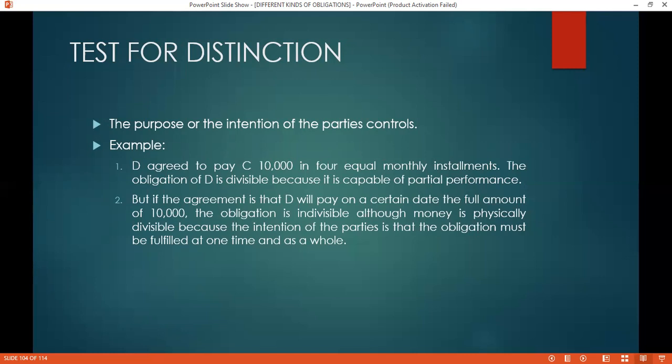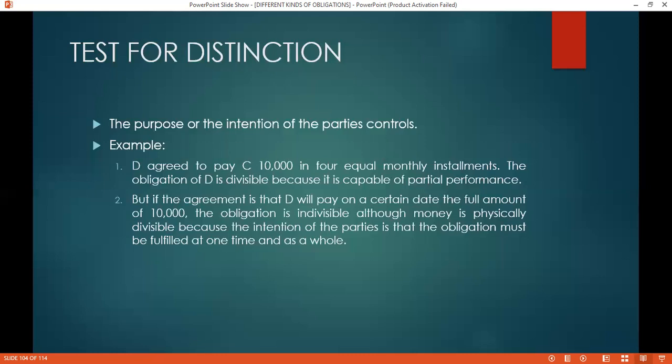So, to determine whether an obligation is divisible or not, you look at the intention of the parties. If the intention is not apparent, if you cannot determine the intention, then you look at the controlling circumstances. Okay? Whether it can be performed or it is capable of partial fulfillment or not. Now, let us have this example.